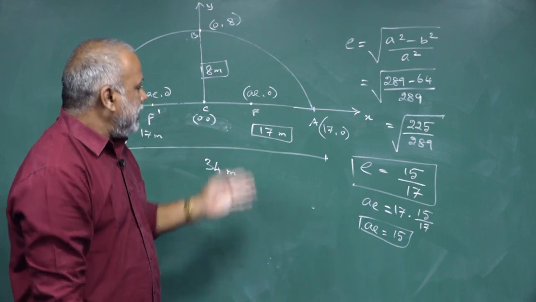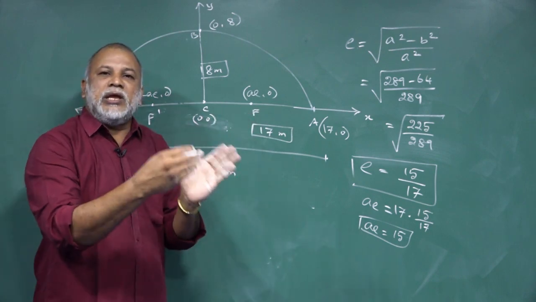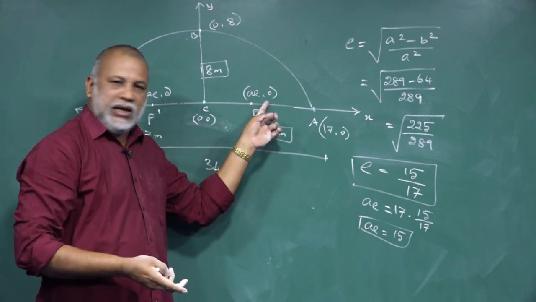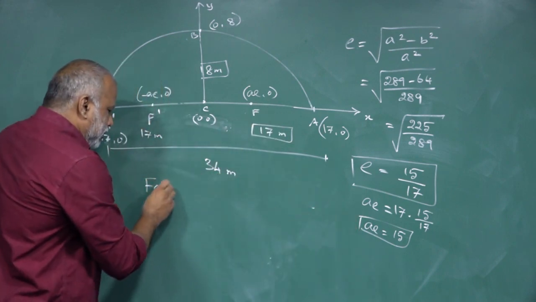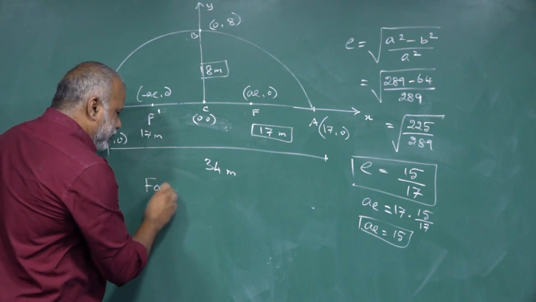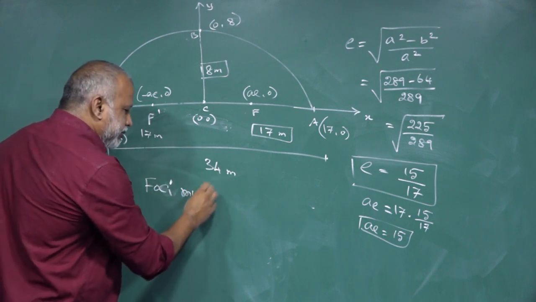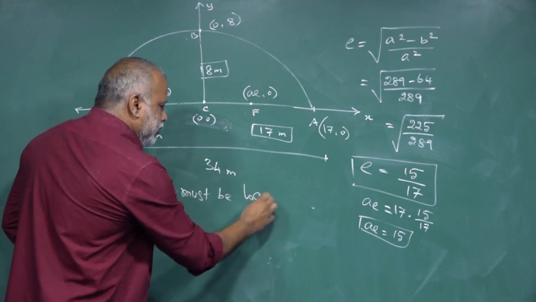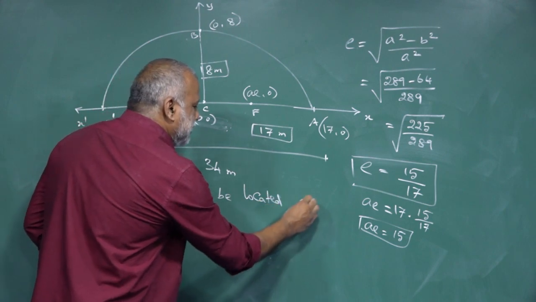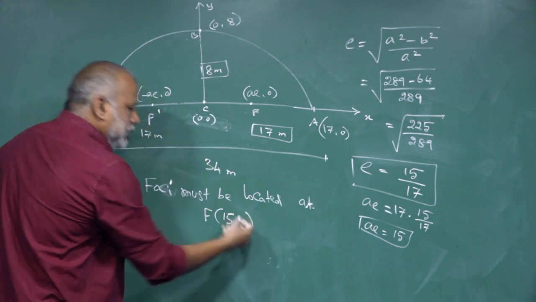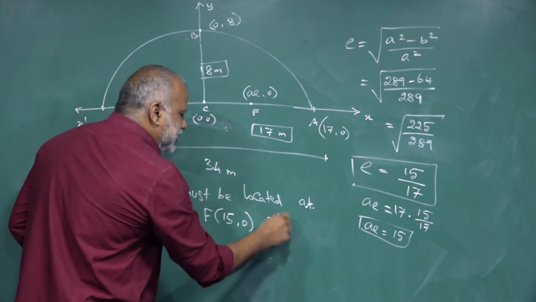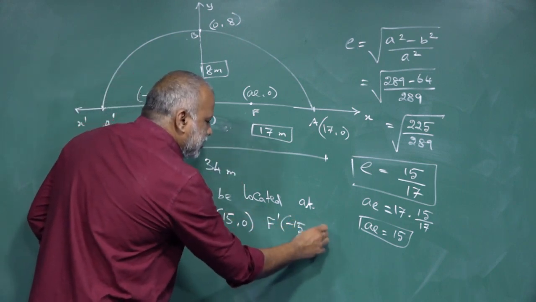Now, we see the explanation. The focus must be located at which point? (ae, 0). We just now worked out a. Therefore, the foci must be located at F (15, 0) on one side, and F dash (-15, 0) on the other side.